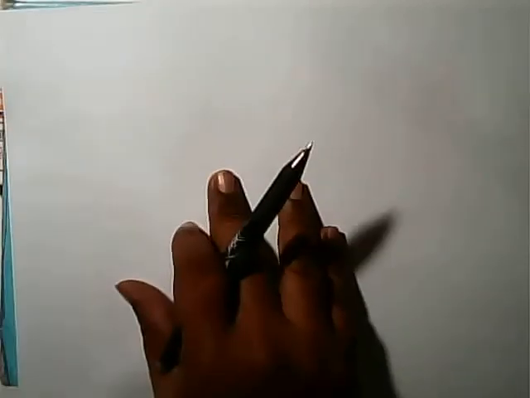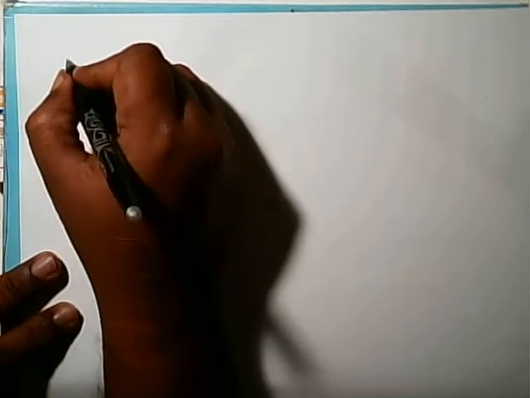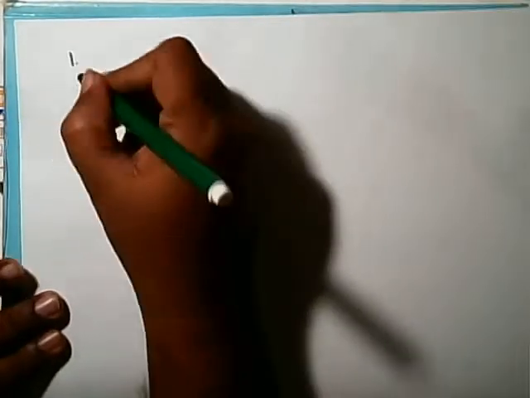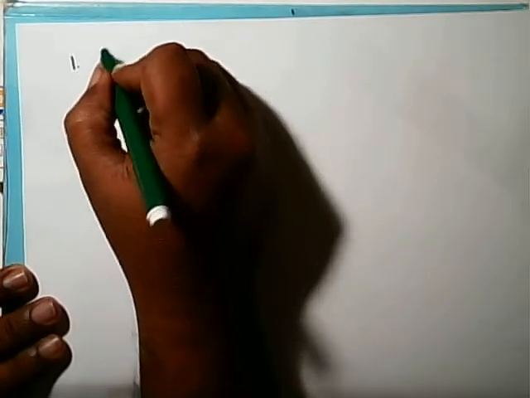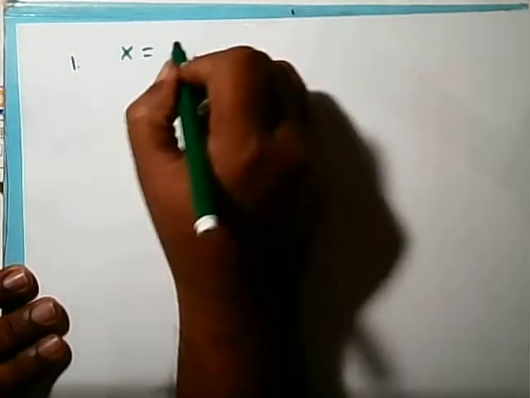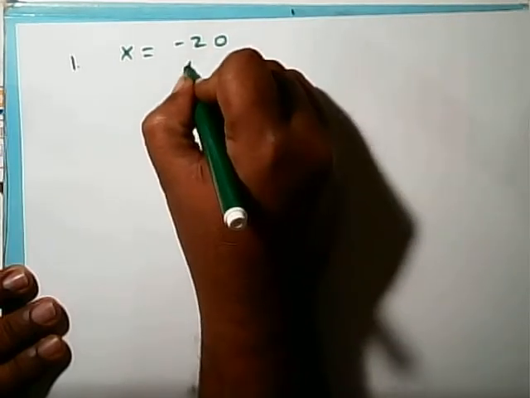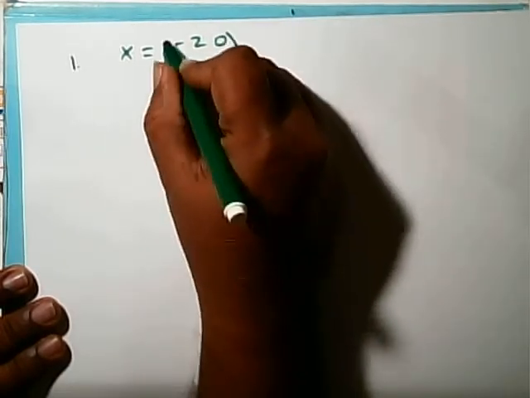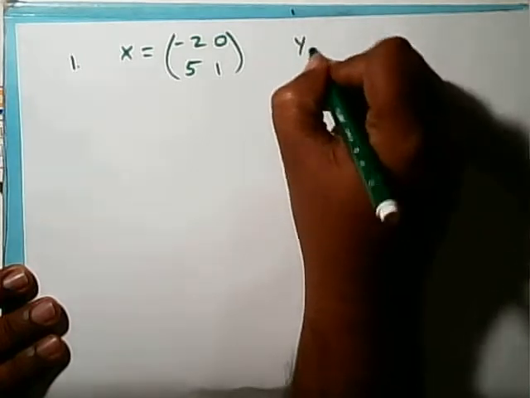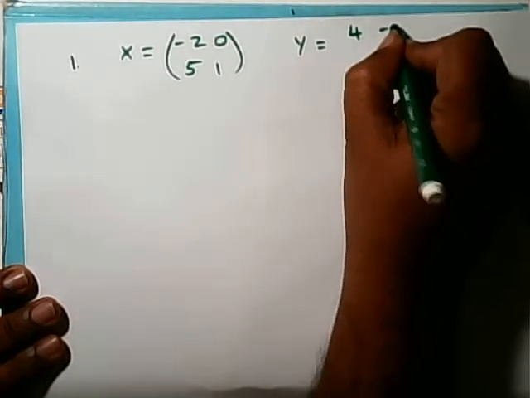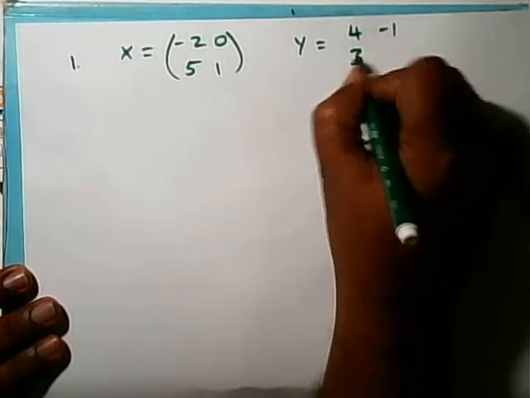Okay, so we have here now question 1. Question 1 says you're given x is equal to the matrix minus 2, 0, 5, 1 and y is equal to the matrix 4, minus 1, 3, 7.